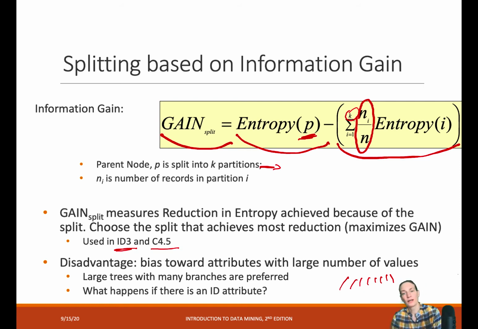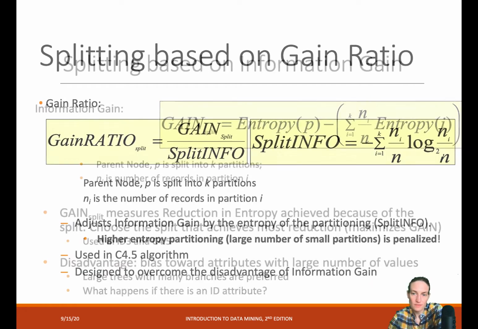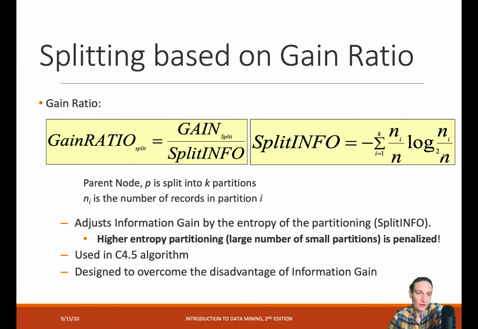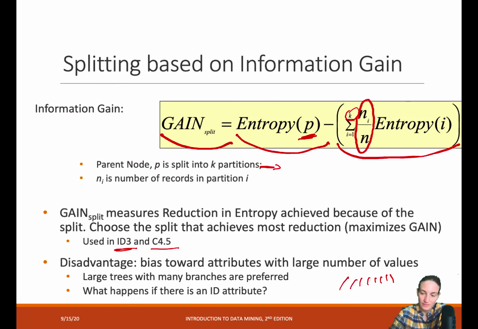So that's why in C4.5 they actually adjust information gain. We can split based on gain ratio. If we split based on gain ratio, we penalize a large number of small partitions. This is exactly what we might get with the previous metric, the many customer IDs.